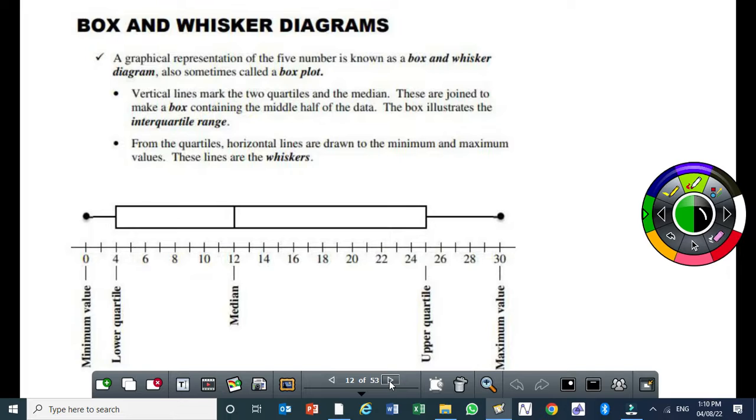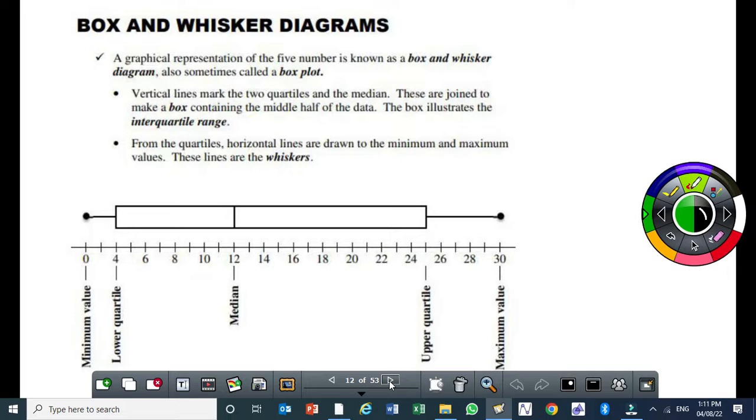It can help you determine the distribution of the data set and what's called the skewness: how much the data set is skewed to the left of the mean, or skewed to the right of the mean. For you to be able to draw the box and whisker diagram, you need your 5-number summary.